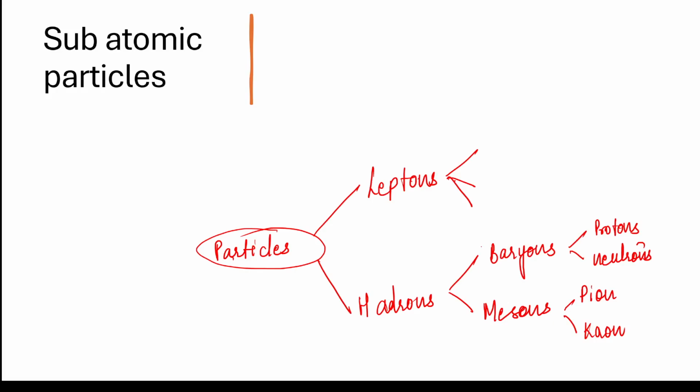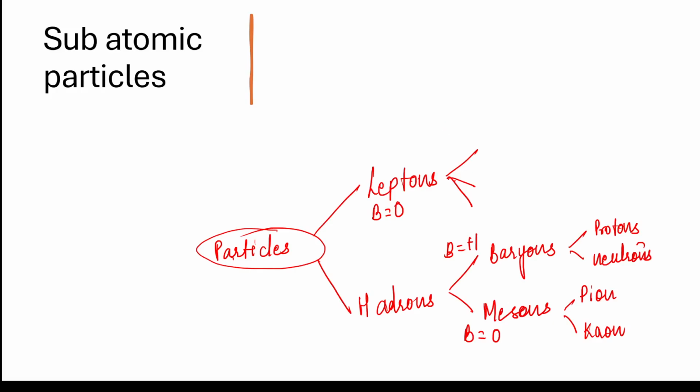Every baryon would have a baryon number of +1, whereas an antibaryon like an antiproton or antineutron would have a baryon number of -1. Mesons would have a baryon number of 0, and even leptons would have a baryon number of 0.